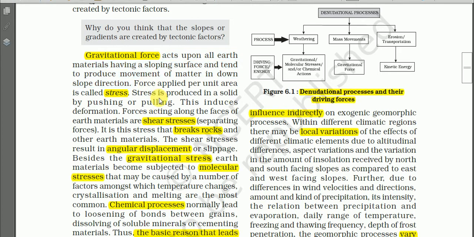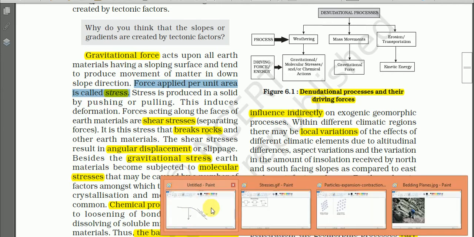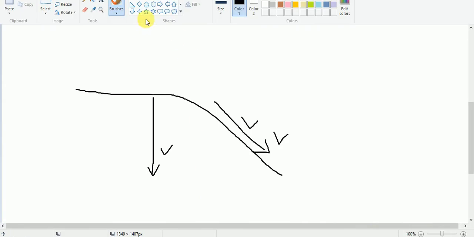So let us learn some important terms. We have a term here, stress. So what is stress? Force applied per unit area is called stress. Per unit area means, say, a square centimeter.